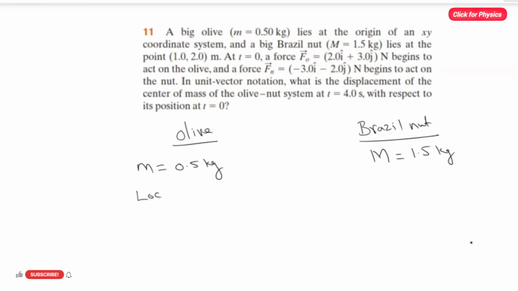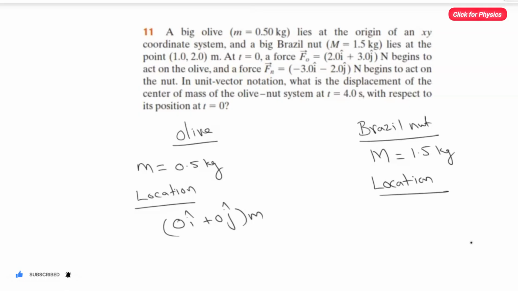The location of the olive is at the origin, so we write its location in unit vector notation as 0 i cap plus 0 j cap, and its unit is meter. Why? Because the olive is located at the origin of the xy coordinate system. Likewise, the location of the Brazil nut is given here as (1, 2) meter, so we write 1 i cap plus 2 j cap, and its unit is meter.